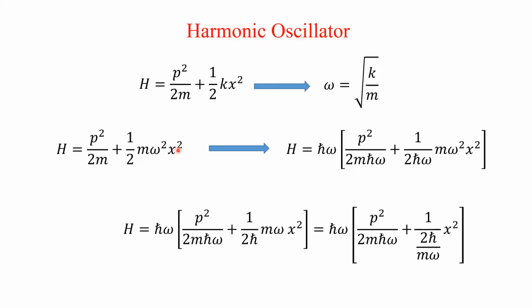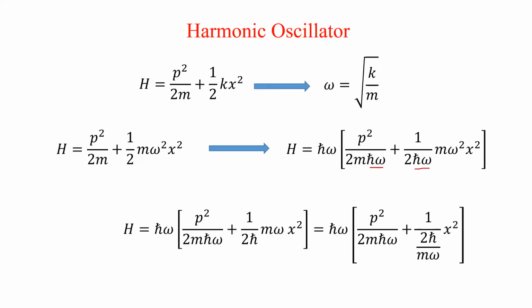Here, what I am going to do is multiply and divide by h cross omega. So I am multiplying and dividing both terms by h cross omega. You can see here, I have divided it by h cross omega here as well as here.